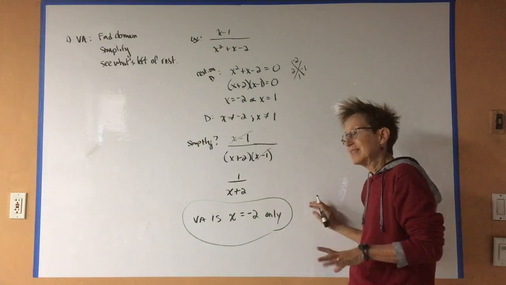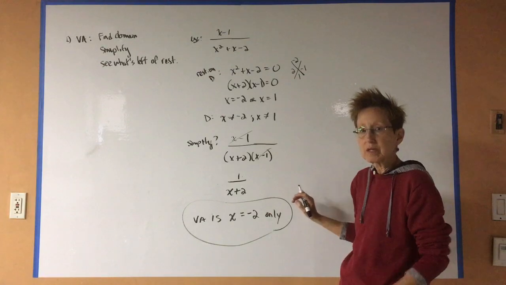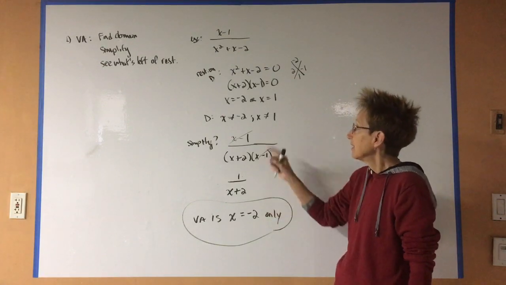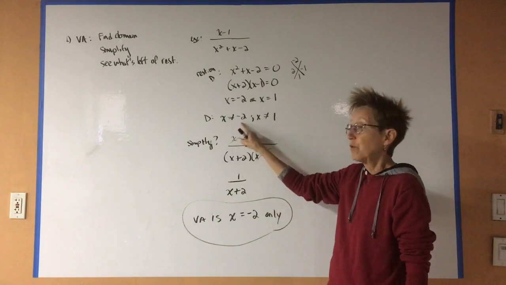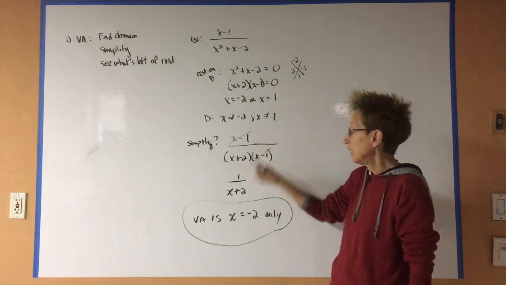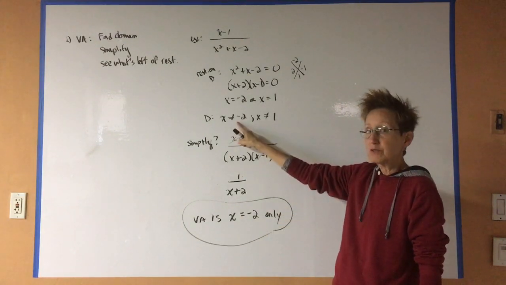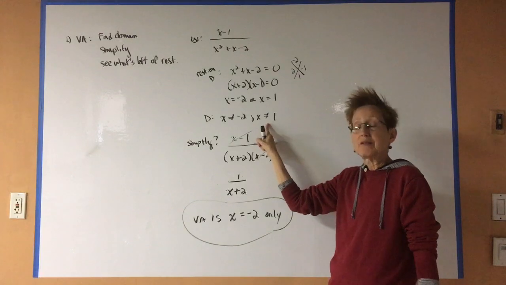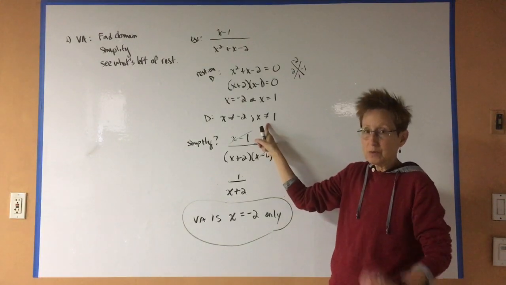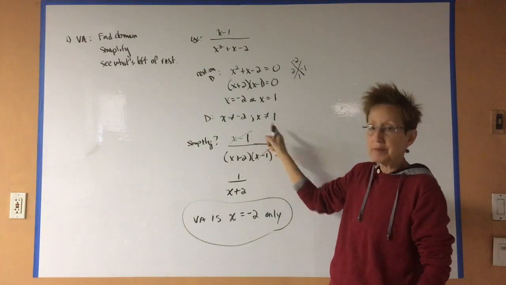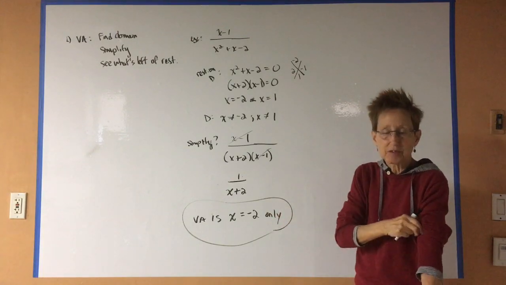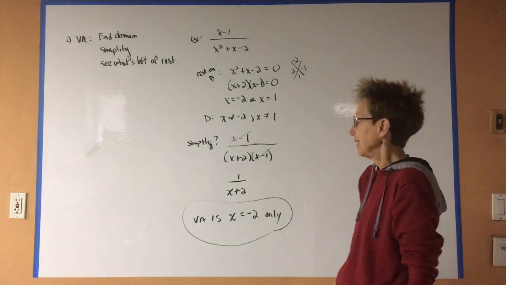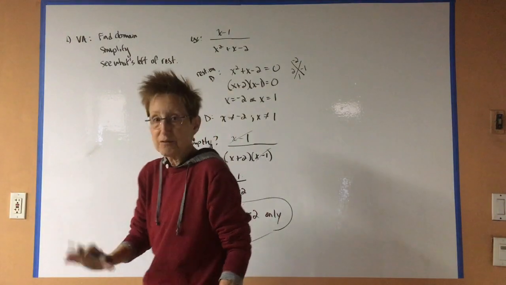What does that mean? It's actually something you'll deal with more in calculus. It means that the original function does have issues with both of these values, but there's only a vertical asymptote at x equals -2. What's really going on in the graph for this one is that there's a hole or an open circle when x is 1, but we aren't going to get into that, and our graphs aren't going to be as complicated as that.